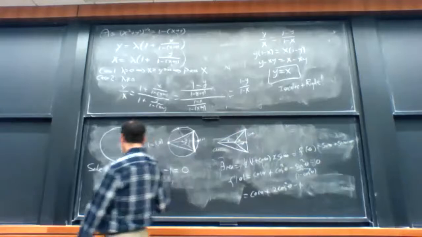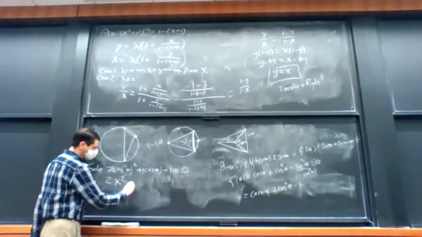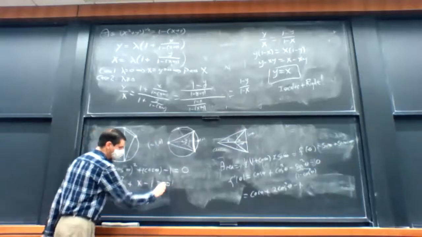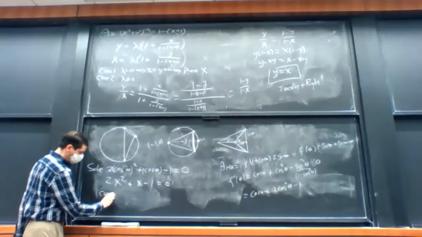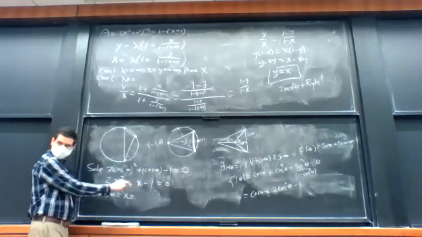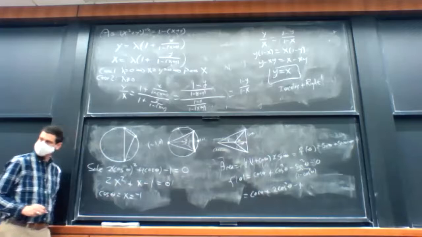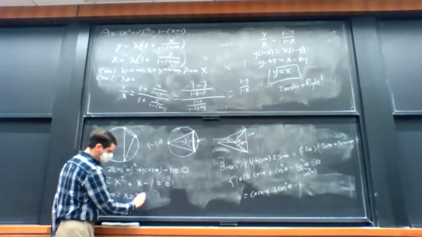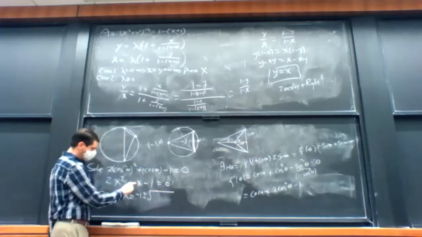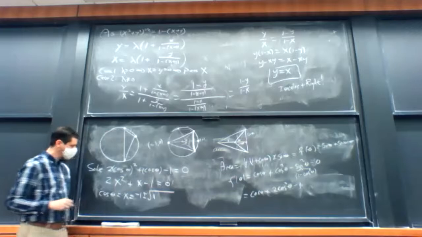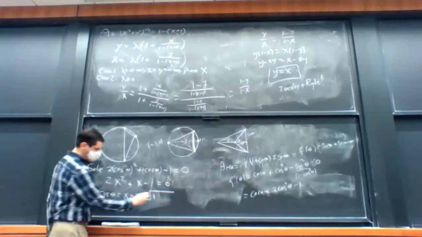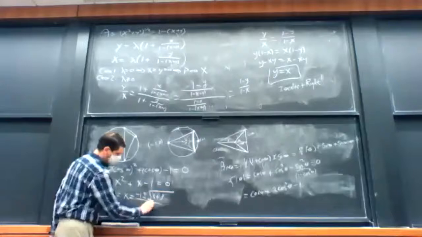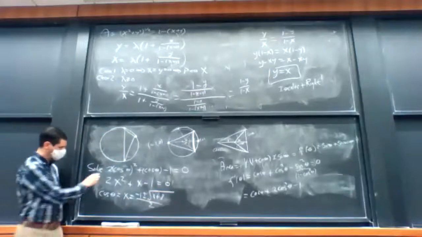Yeah, consider this as a quadratic: 2x squared plus x minus 1 equals 0. So cosine theta equals x equals negative b, which is negative 1, plus or minus the square root of b squared minus 4ac, which is going to be 1 plus 8, over 2a, which is 4.